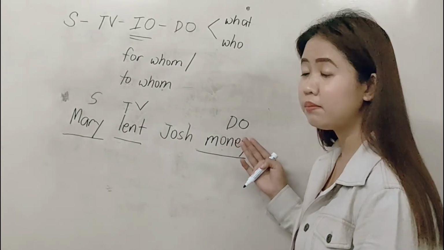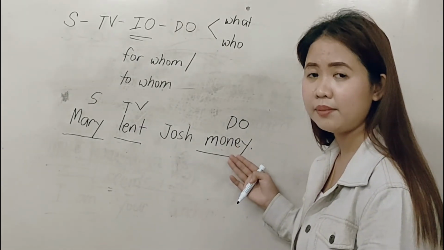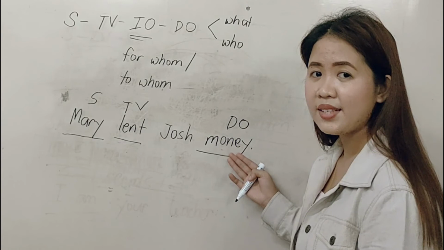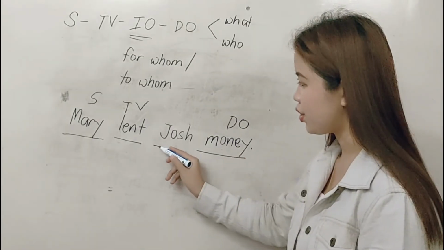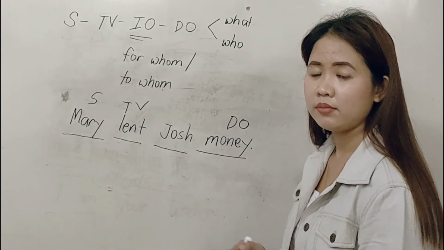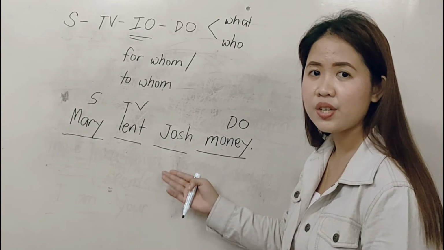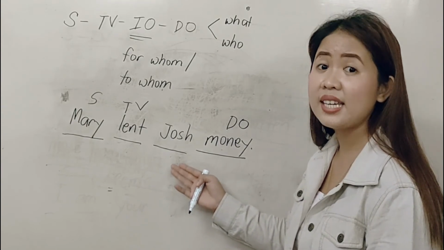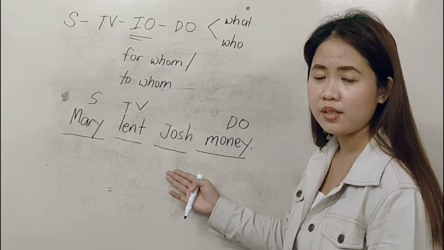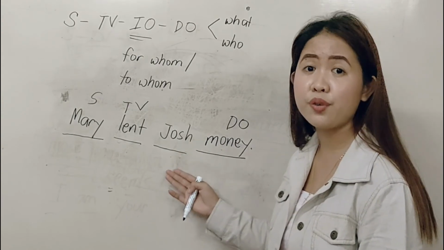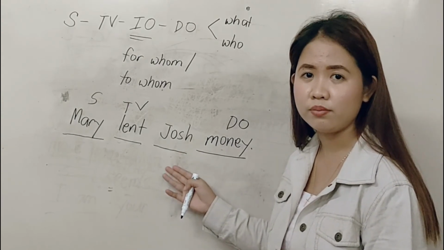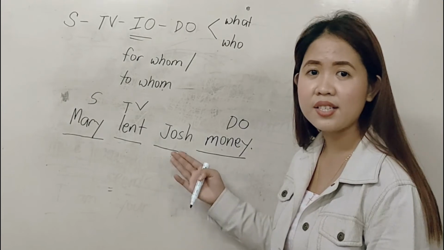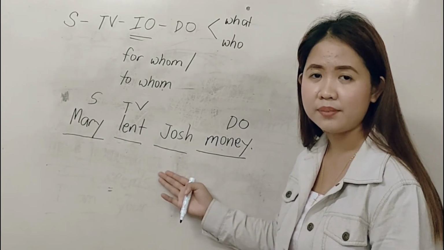Kanino ipinahiram ni Mary ang kaniyang pera? The answer is Josh. Josh functions here as an indirect object because it answers the question for whom or to whom. Si Josh ang recipient ng pera.